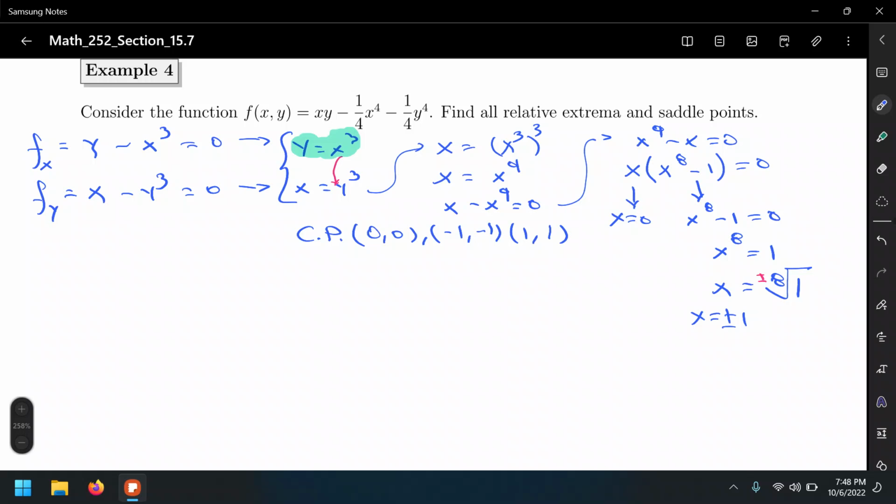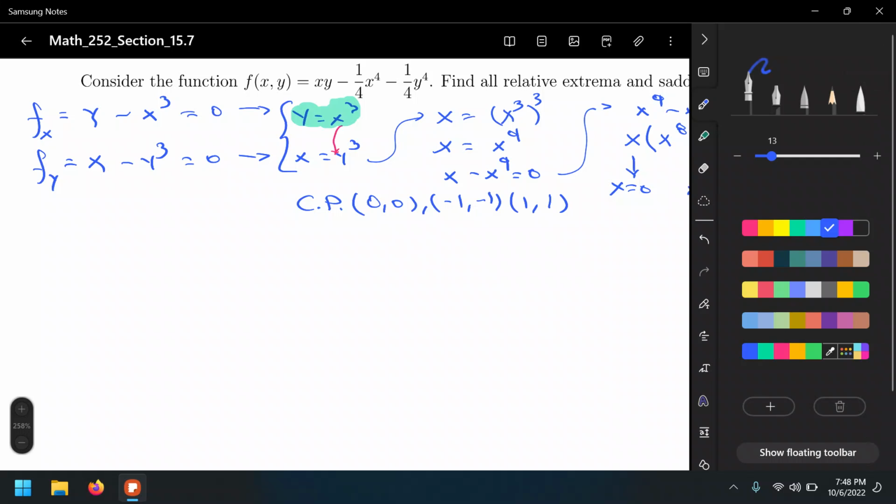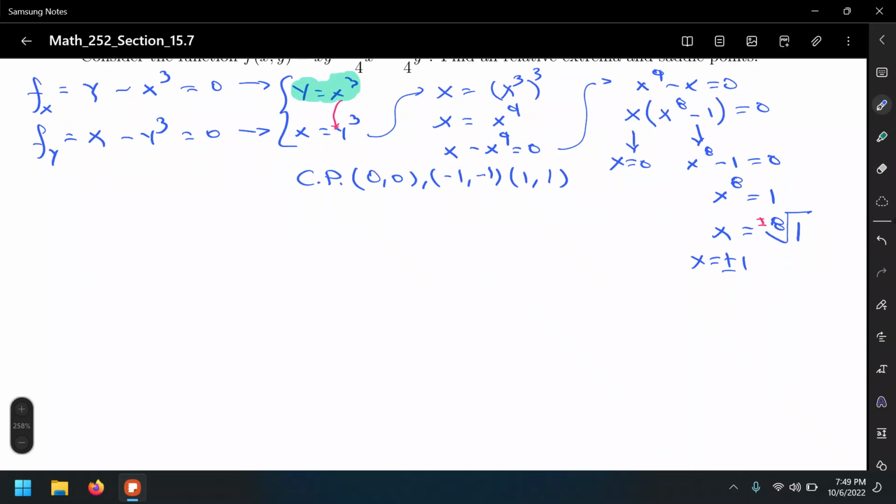All right. So let's see. Let's find the second partial derivatives so we can create the table and find the D quantity, which actually involves those second partials.